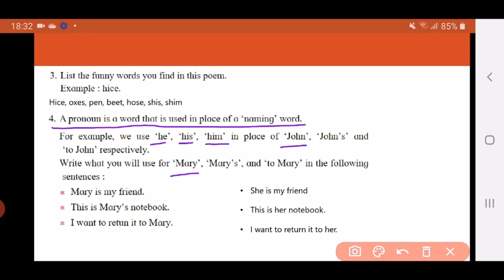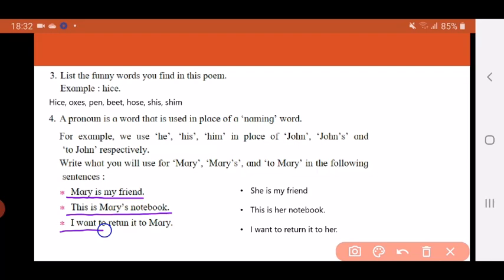So there are 3 sentences that are given to you. Mary is my friend. This is Mary's notebook. I want to return it to Mary. Now you have to say and change the sentence by replacing Mary with a pronoun. Remember, Mary is a girl.